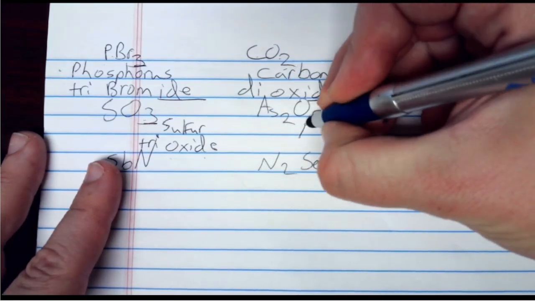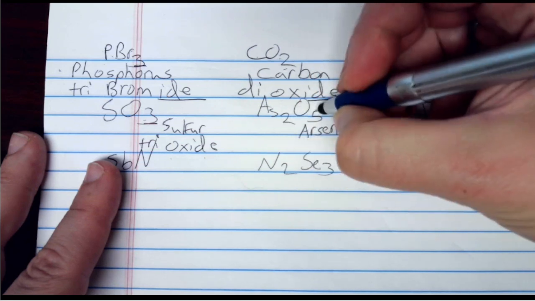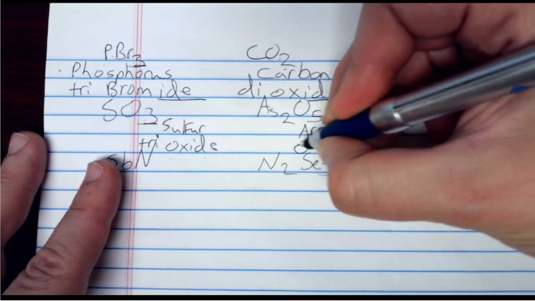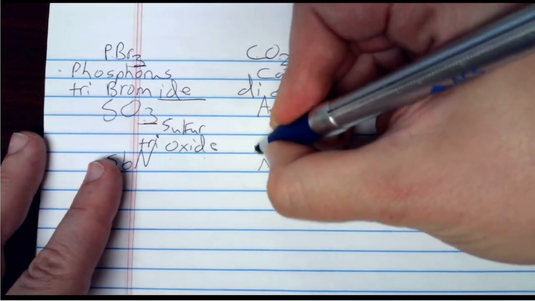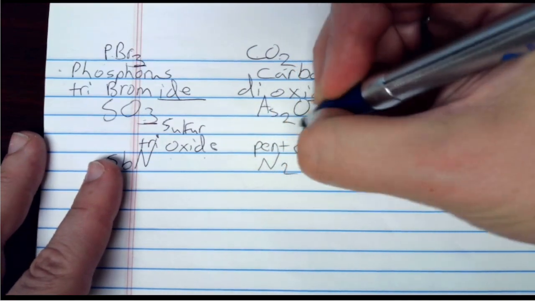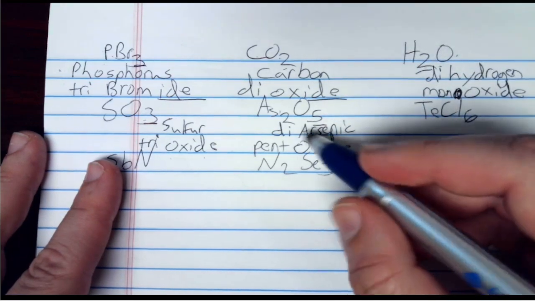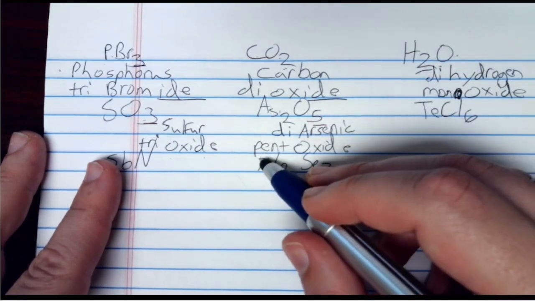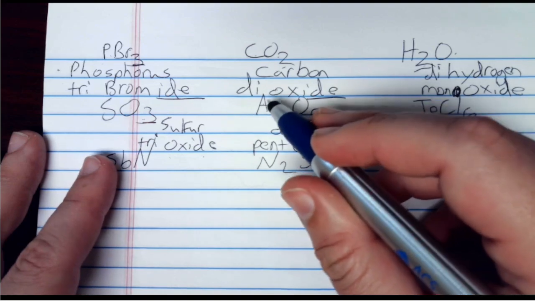This is arsenic, then oxide. There's 5 of this, so it's pent. And there's 2 of this, di, so diarsenic pentoxide.